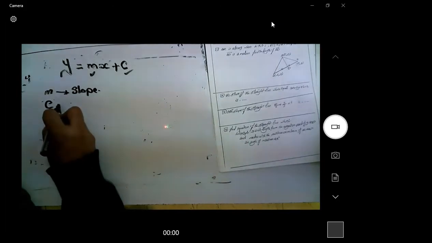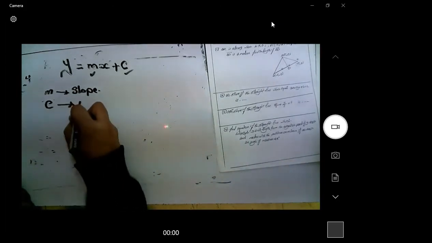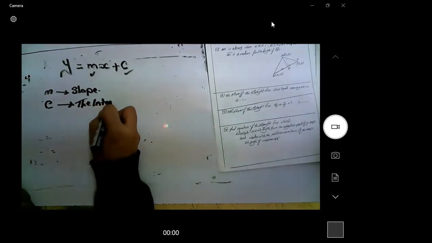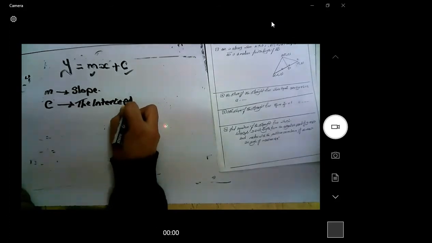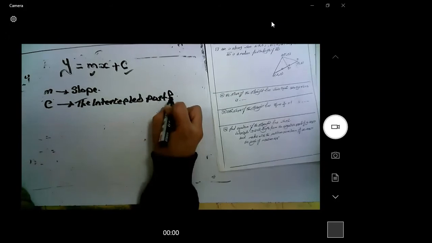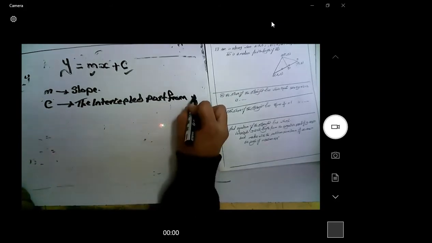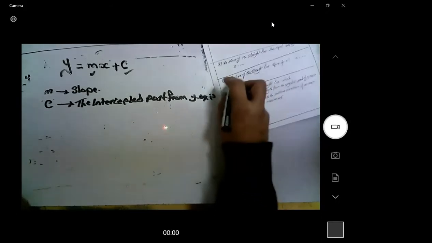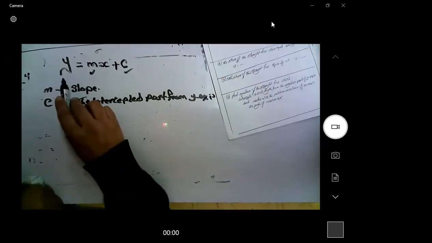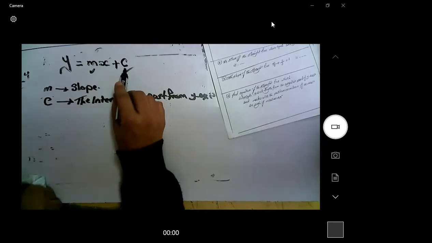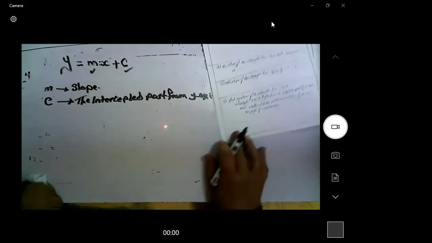c is the intercepted part from the y-axis. So if we want the equation of the straight line, we need m, the slope, and c, the intercepted part from the y-axis.